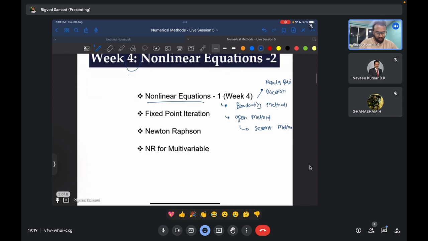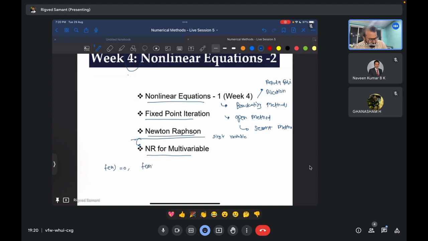So this week we extended our discussion, if you have gone through the lecture, to the fixed point iteration method and the Newton-Raphson method, and Newton-Raphson is extended to the multivariable case. Till this point, it was only a single variable, that is f of x equal to 0.